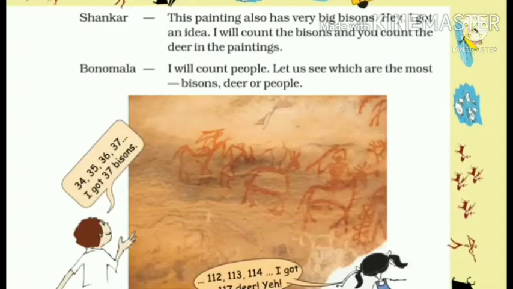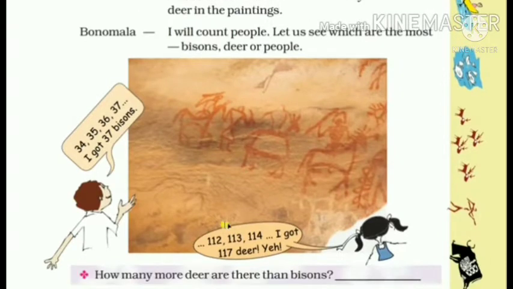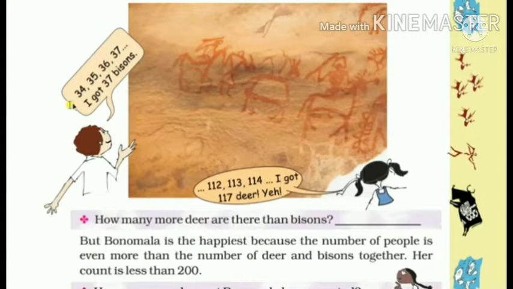Count it. So, that boy says the answer, 37 bisons are there. So, that time one of the girls counted the deers. So, they counted 112, 113 and 114. Yes, I got 117 deers.